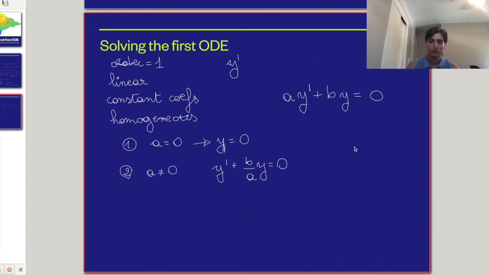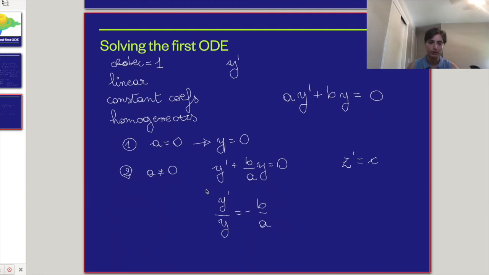But we know how to solve something that looks like z prime equals to c, but we're not there yet. So what we would like to go from here to there is, well, we're going to divide everything by y. So we have y prime divided by y, and then we're going to shift this term on the other side, being equal to minus b over a.